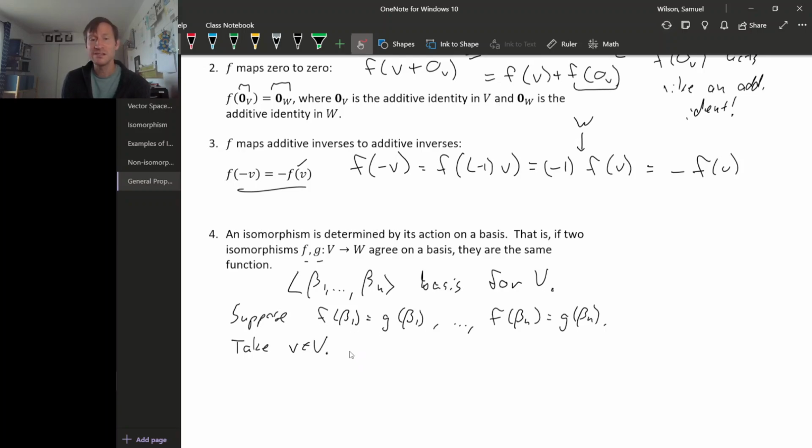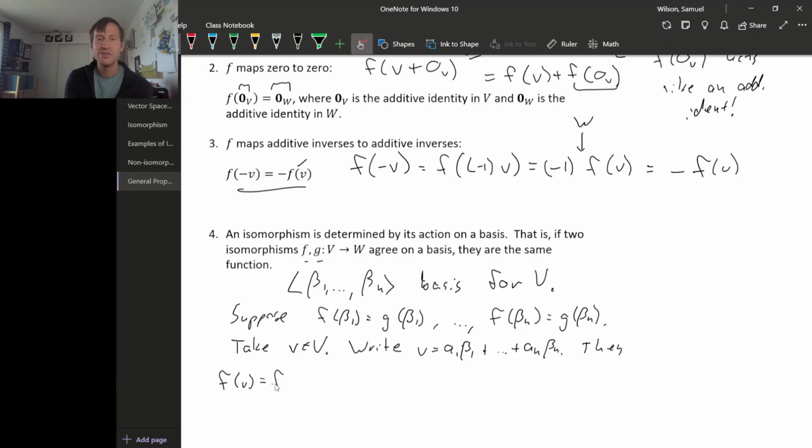Since we have a basis, we know we can write our vector v as a linear combination of basis vectors. So write a1 beta 1 plus and so on up to an beta n. Okay, then now you can do a big calculation. What does f do to v?